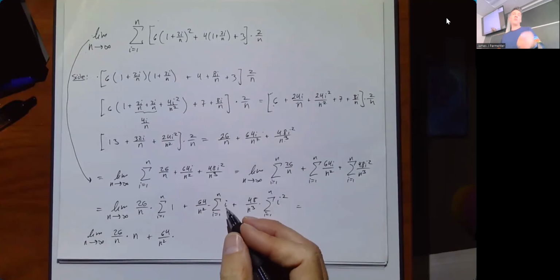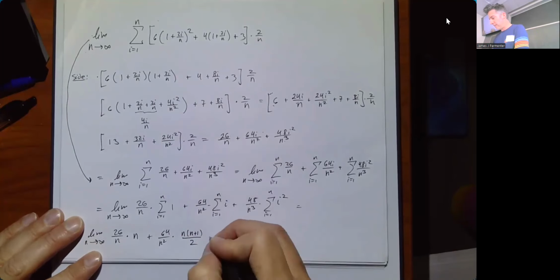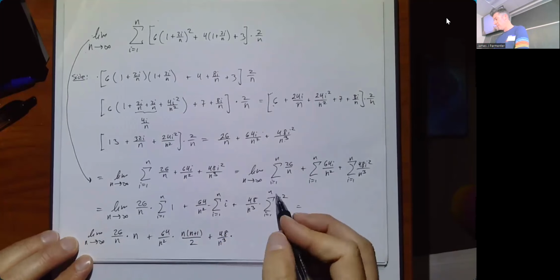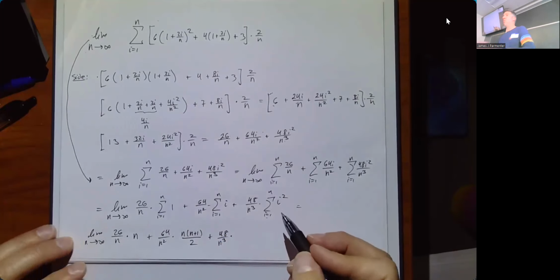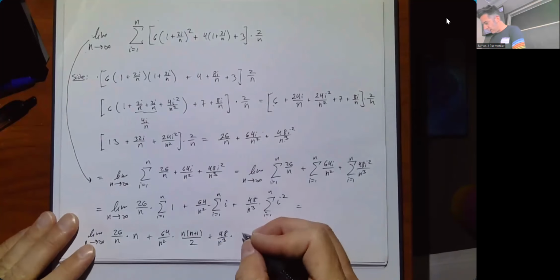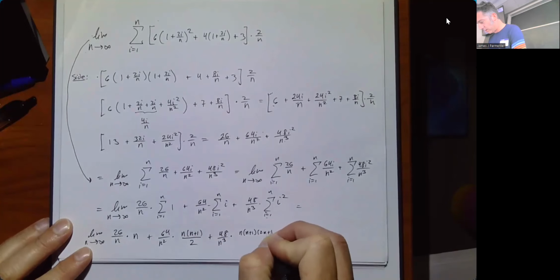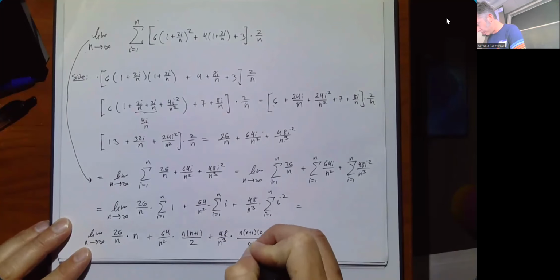So 1 plus 2 plus 3 plus 4 plus all the way to n is n times n plus 1 over 2. And finally, 48 over n cubed times the sum from i equals 1 to n of i squared. So 1 squared plus 2 squared plus 3 squared plus 4 squared plus all the way to n squared is this unwieldy formula, n times n plus 1 times 2n plus 1 over 6.